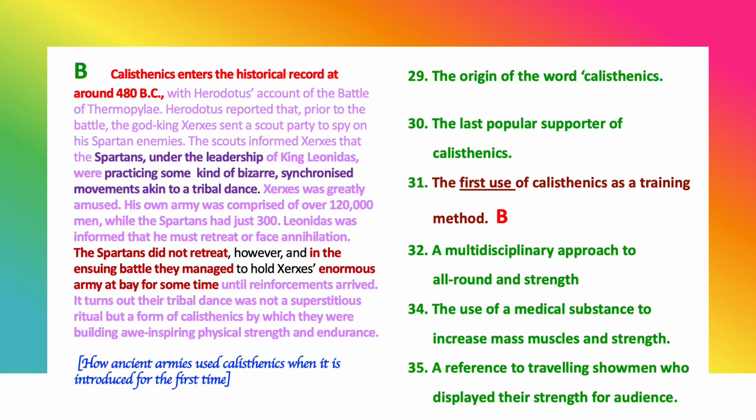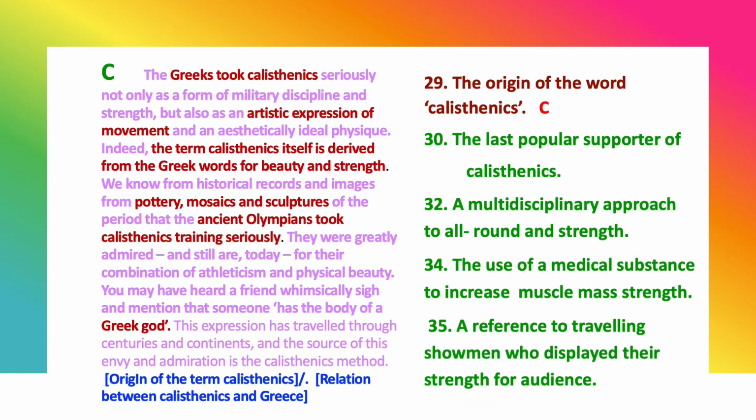Then you'll find how a scout party of King Xerxes saw Spartans practicing a kind of movement under leadership of King Leonidas. So this clearly shows it's a kind of training. So the answer for section B is 31. So cross out number 31 and take section C and match from the remaining list.